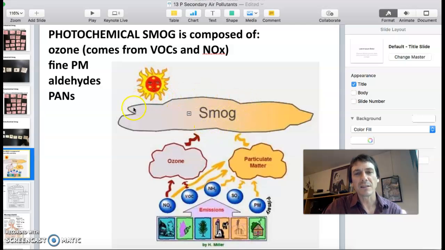The result is this kind of yucky, almost brownish or orangish haze in the air called smog. And you usually see this over cities on bright sunny days. That makes sense because you need that sunlight for this process to happen.